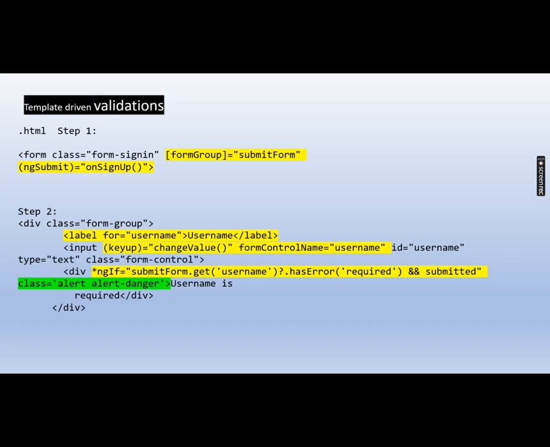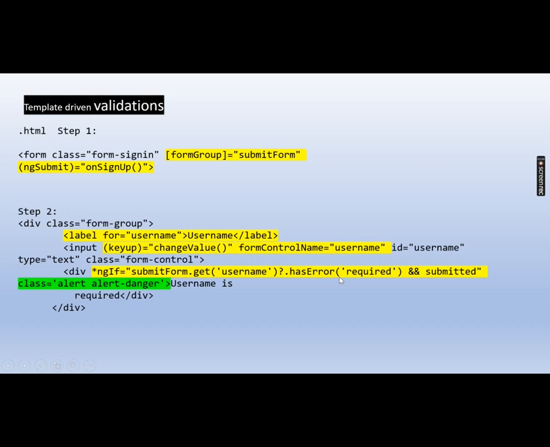For validation purposes, we need to use the *ngIf syntax. You need to use ngIf equal to submitForm.get('username'). Again I am taking submitForm, because we have defined this as submitForm, so this naming and that naming should be the same. With submitForm.get of username, username will be verified, and question mark dot hasError.